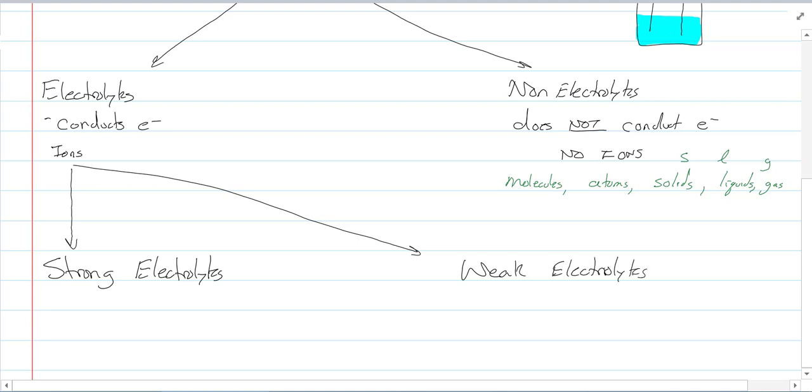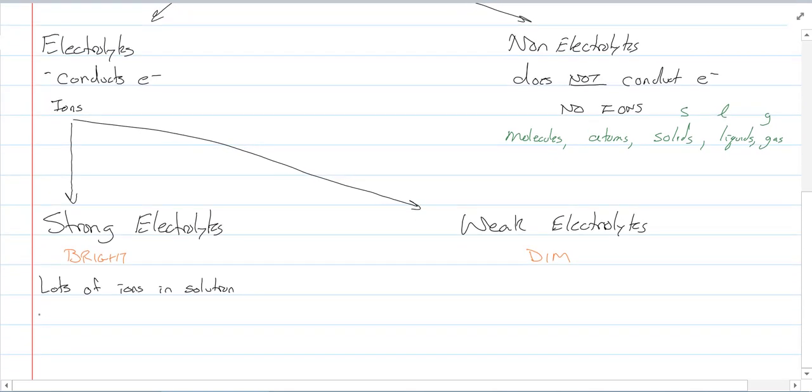Well, what's the difference? Well, strong electrolytes, the light bulb is bright. Weak electrolytes, the light bulb is dim. Well, what does that mean in terms of the actual behavior of the species in the solution? So strong, we now know that there are lots of ions in solution.